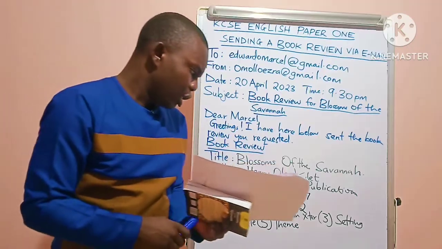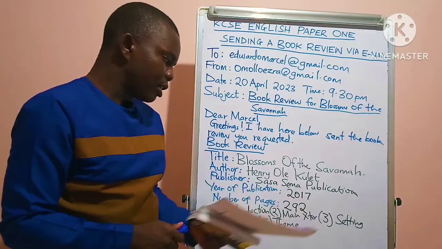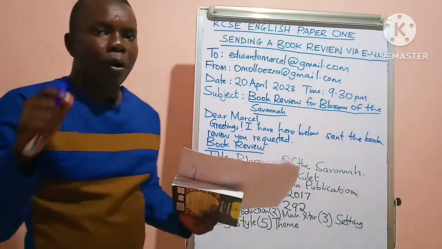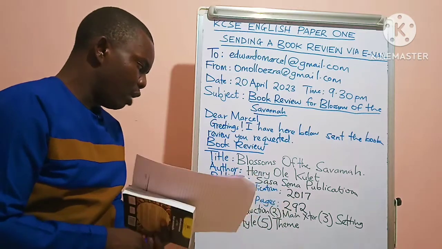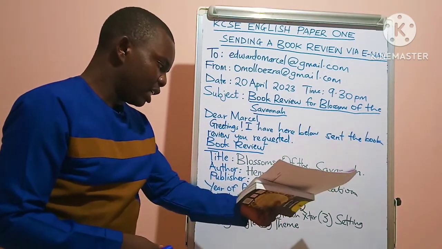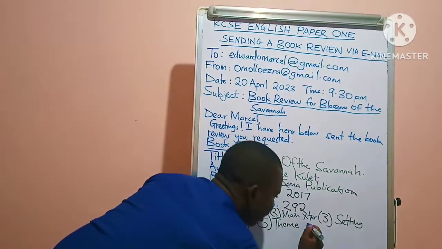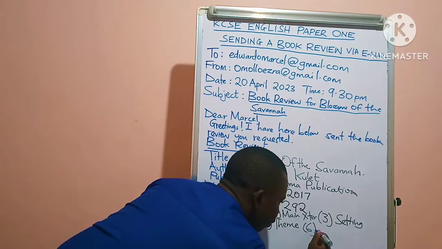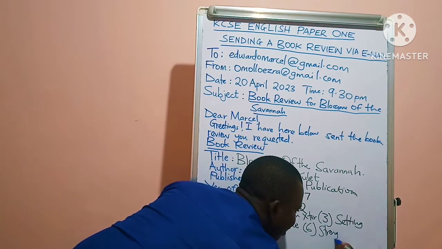So these are some of the things that should really form part of the body of your review: an introduction, the main character, the setting, style, theme, and lastly, remember also to give the strengths and weaknesses.